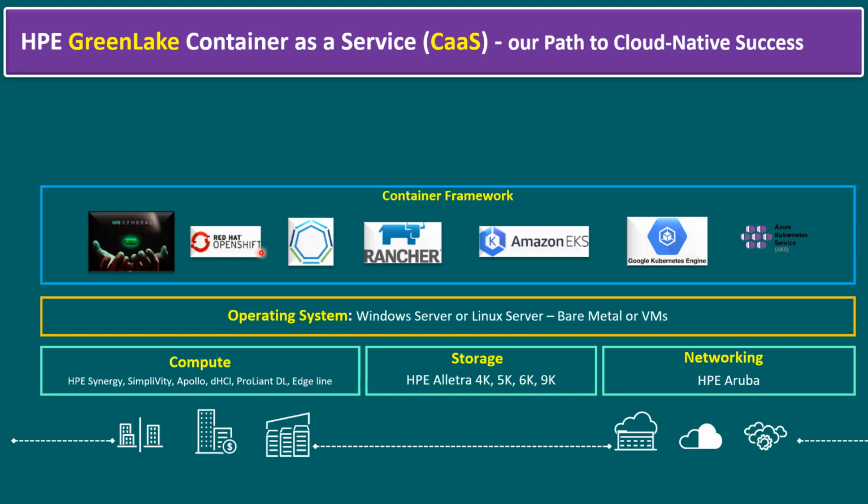When you choose the external Kubernetes cluster option, it will ask you to provide the specific cluster API address, the bearer token, and service account authentication. When you provide these details, even that external cluster we can manage as a service within our HPE GreenLake environment. This is our path to cloud native success.